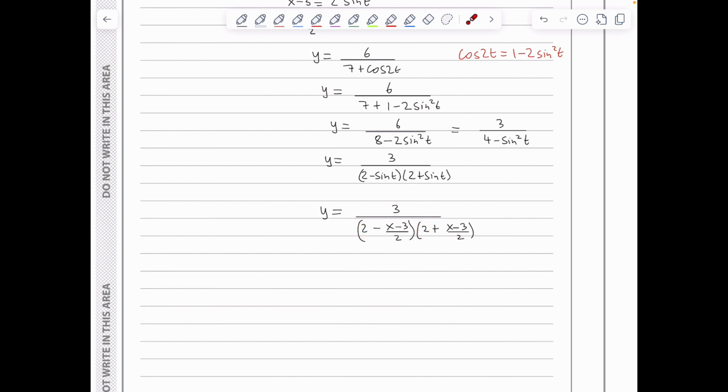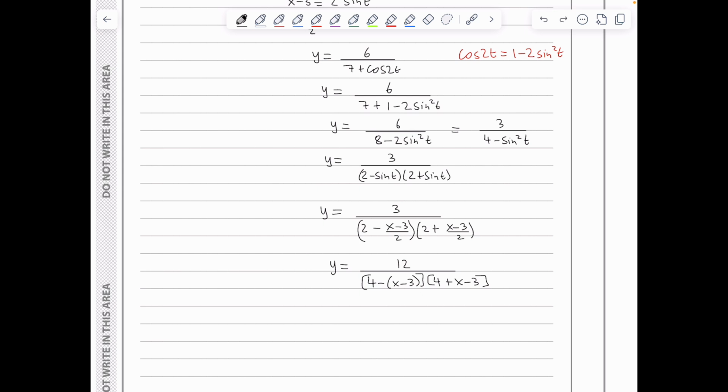And since both brackets are over 2, this means I can get a times 4 here and get rid of the denominators within this denominator. So we're looking at y being equal to 12, the 3 times 4, over (4 minus (x minus 3)) times (4 plus (x minus 3)).